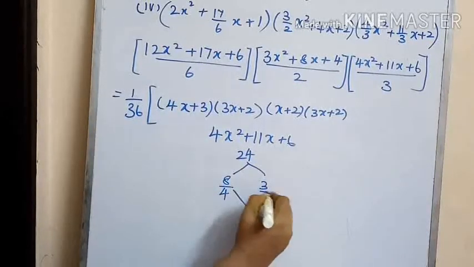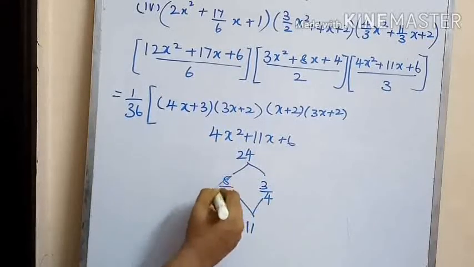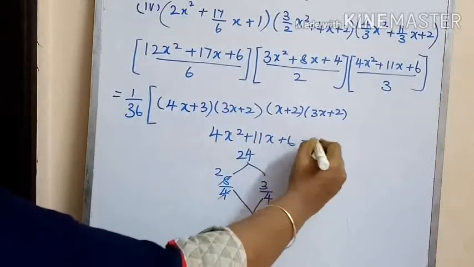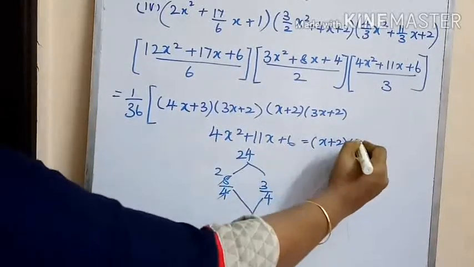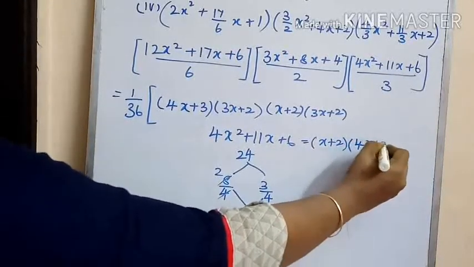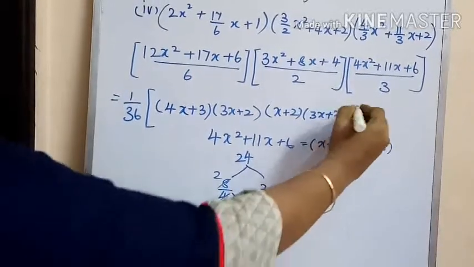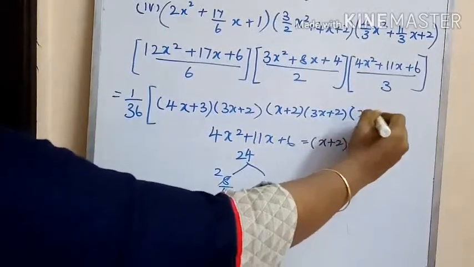Divided by 4, we get, so x plus 2 into 4x plus 3 are the factors of this polynomial.